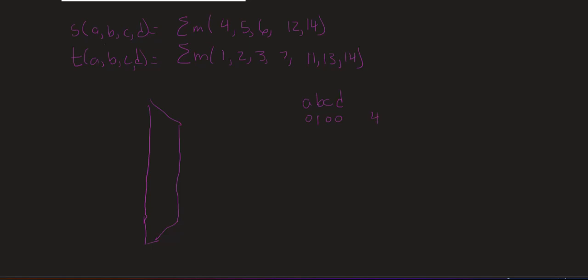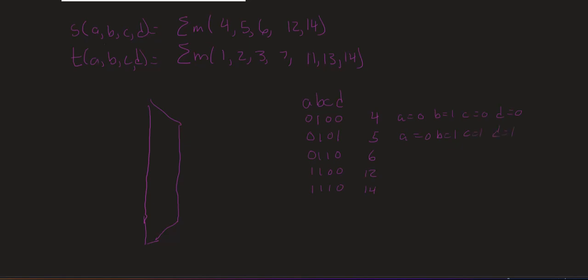That's 4. 5 would be 0, 1, 0, 1. 6 would be 0, 1, 1, 0. 12 would be 1, 1, 0, 0. And 14 would be 1, 1, 1, 0.